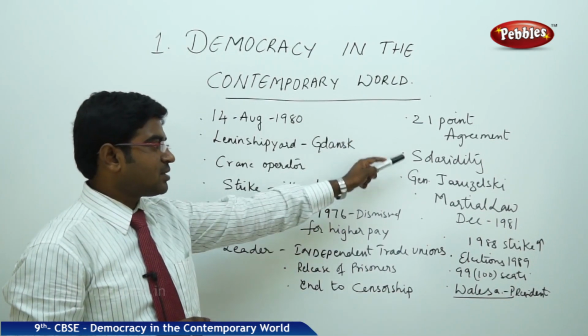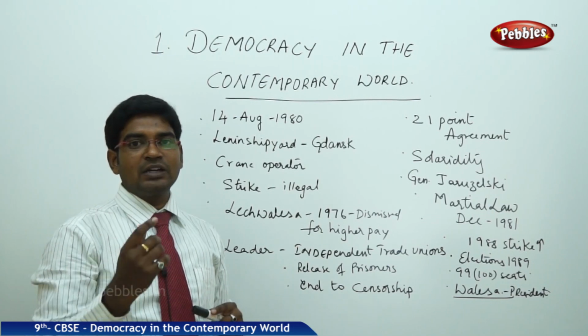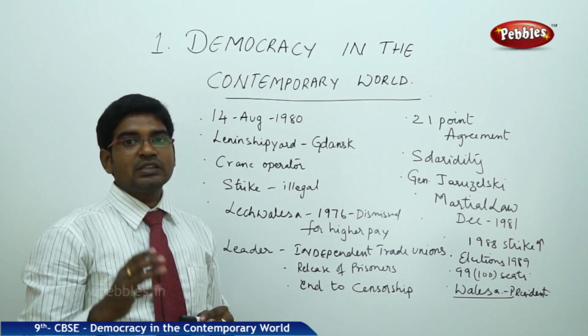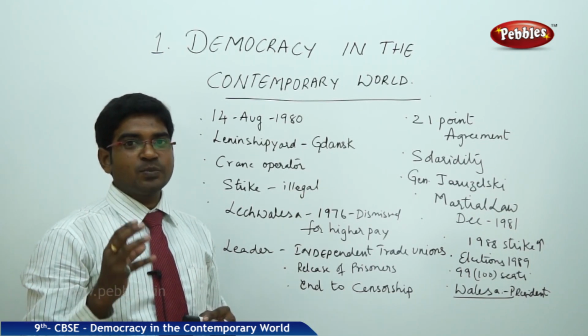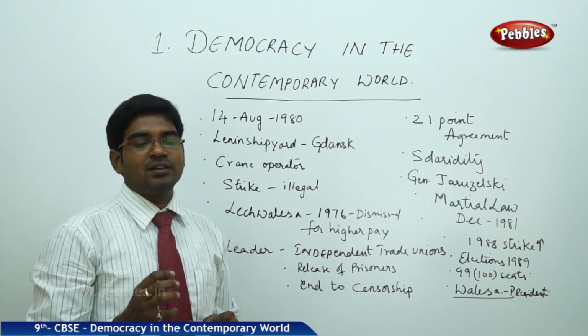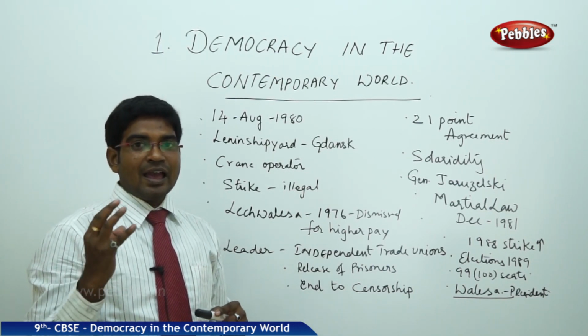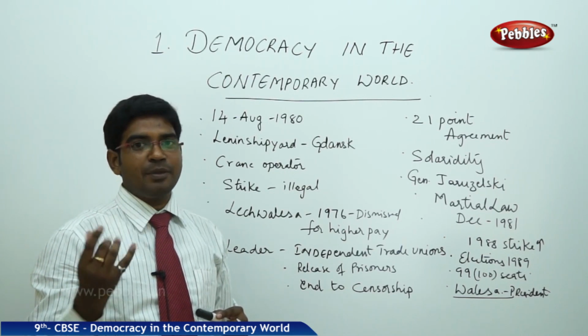After Lech Walesa established the union, many things were revealed outside about the government. The government was continuously involved in the mismanagement of funds, which became a big headache as freedom of press had started. The press started to report all these things to the people.